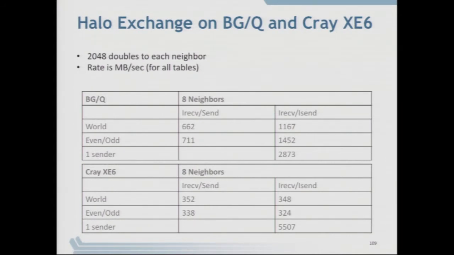On the Cray, we had numbers which were much smaller, which is really odd because it has a much faster individual link bandwidth. So I looked at something a little simpler to try to understand what the baseline was. So remember what I said this morning again, is having a sense for how fast it should be.